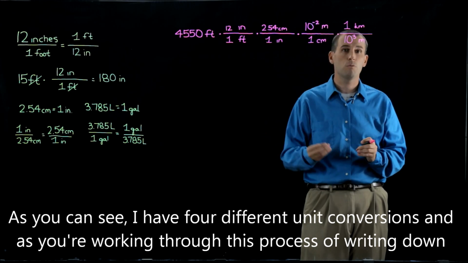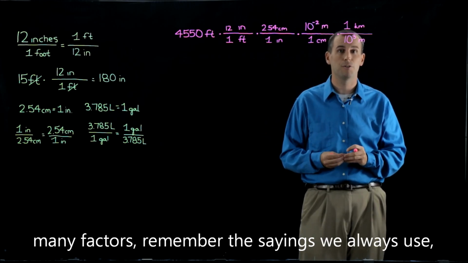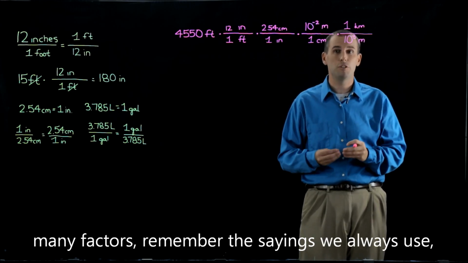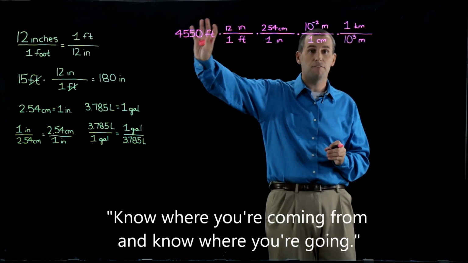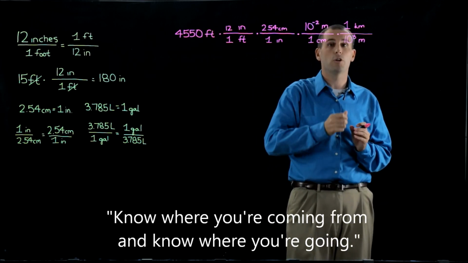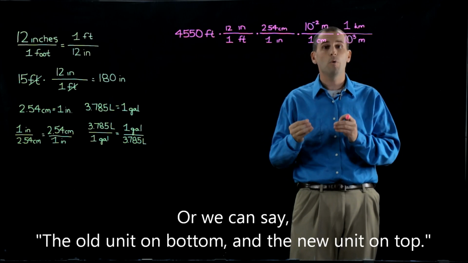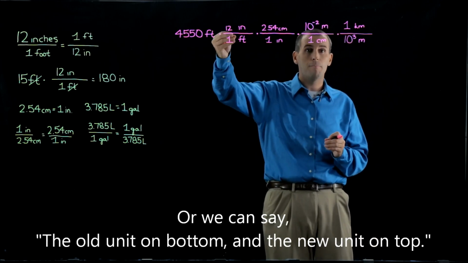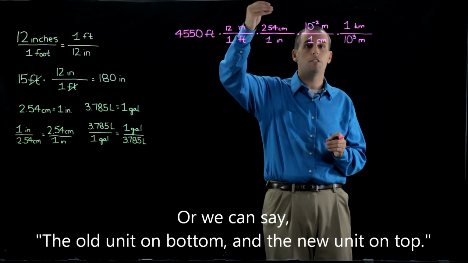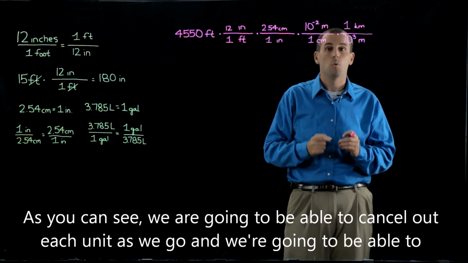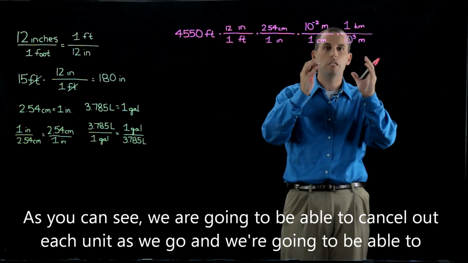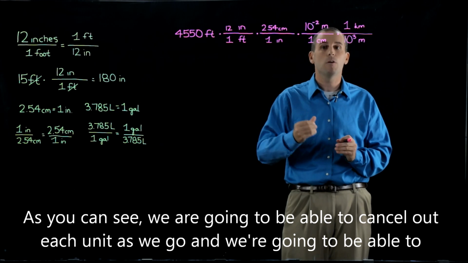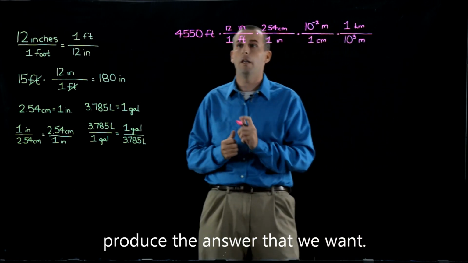And as you're working through this process of writing down many factors, remember the sayings we always use: know where you're coming from and know where you're going. Or we can say the old unit on bottom and the new unit on top. As you can see, we are going to be able to cancel out each unit as we go, and we're going to be able to produce the answer that we want.